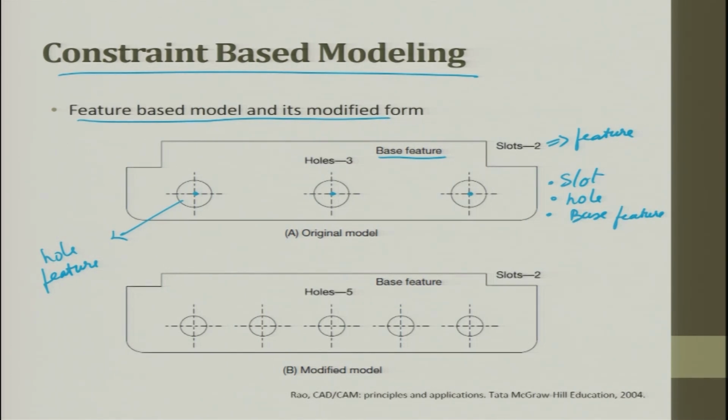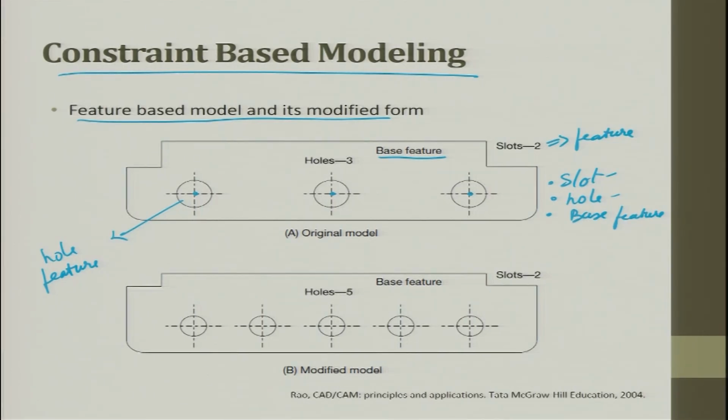Why is this important? Because I know how to create a slot, I know how to create a hole. When I say I know how to create a hole, I know the list of process parameters, I know what machine to use, what process parameters to use, and what toolings to be used such that I get the output.